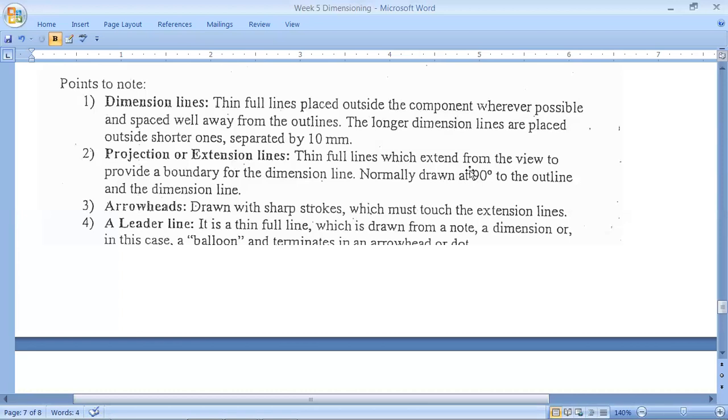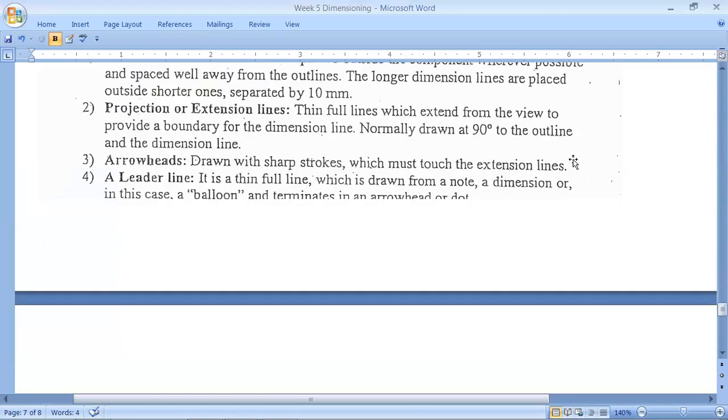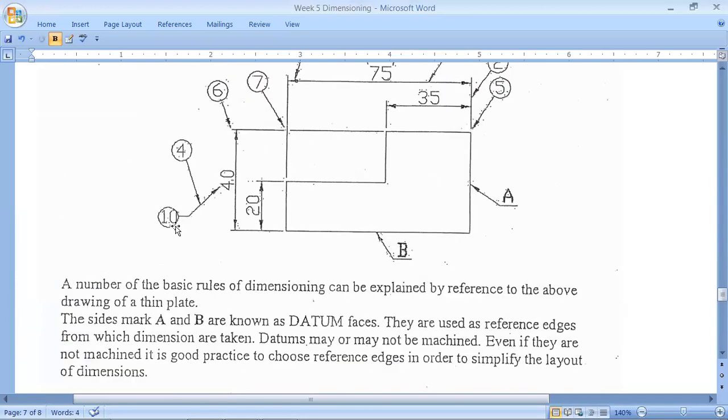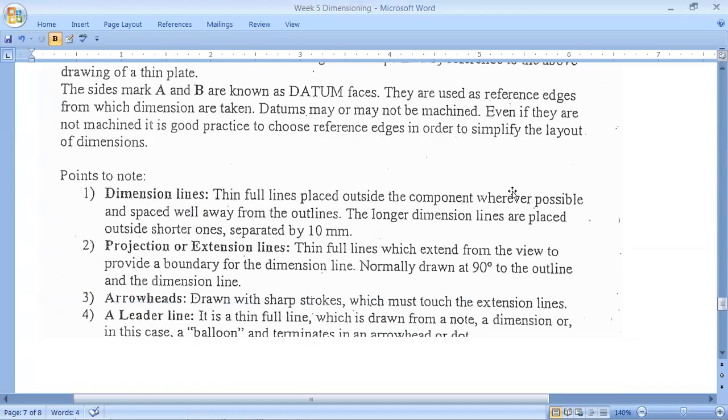The leader line is a thin full line drawn from a note, a dimension or a balloon, and terminates in an arrow or dot. These lines pointing here are leader lines. Those lines that we use to specify any particular information on the drawing are called leader lines.